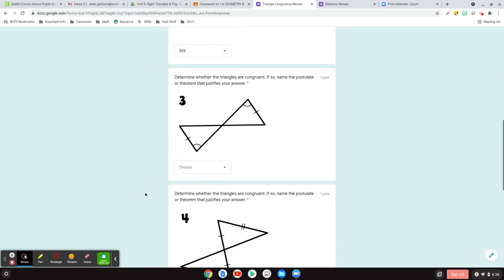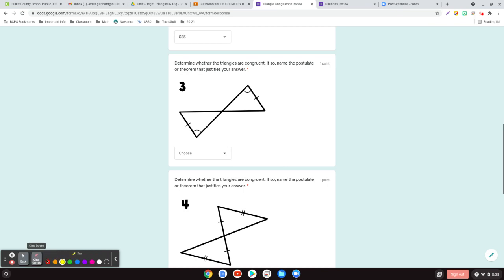Number 3, we have 2 triangles. It's given us some information here. So we know that these 2 sides are congruent. We know that this angle is congruent. We know that we have these 2 angles that are congruent because they're vertical angles, and vertical angles are congruent.